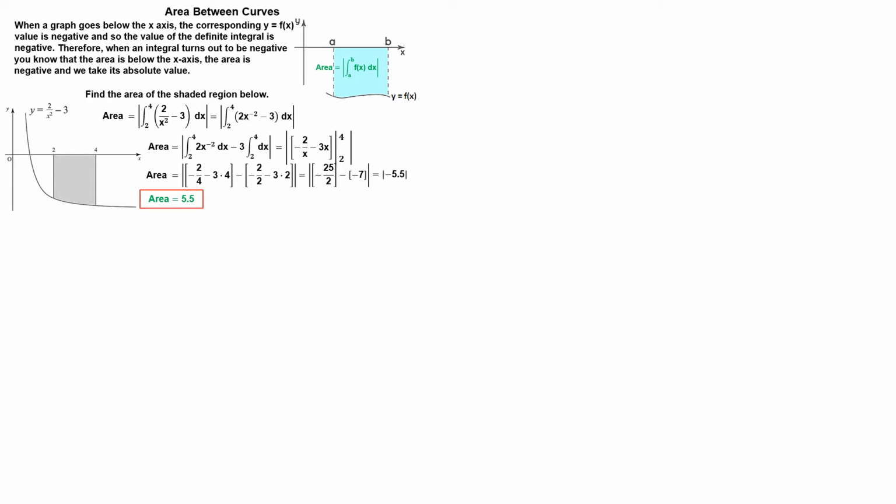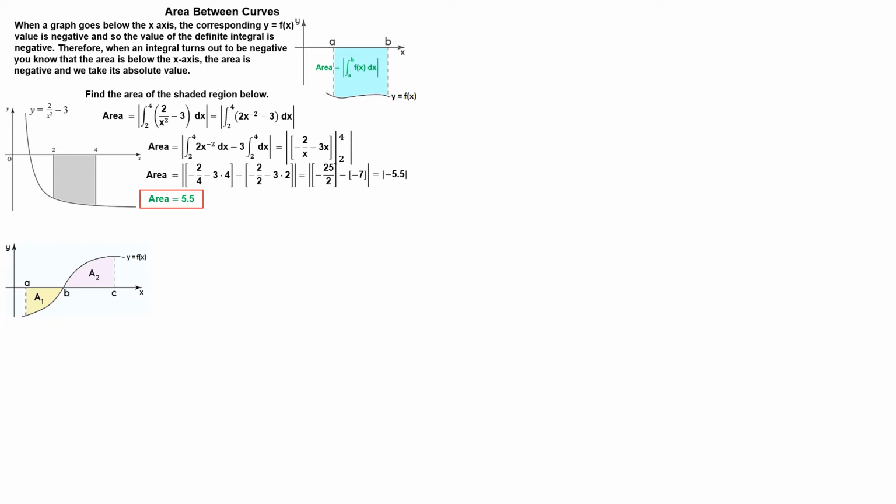From our discussion above, when the graph goes below the x-axis, the area is negative, and we take its absolute value. But sometimes the graph is partially below and above the horizontal axis. The area between x equals a and x equals b is negative.